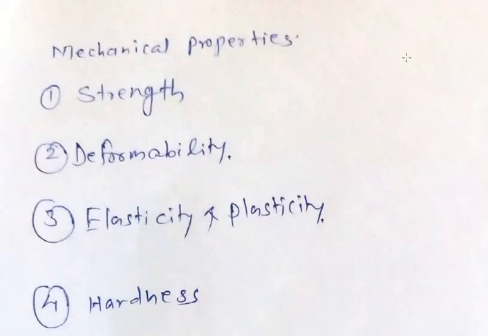Then next property, that is deformability. The capacity of the rock to strain under applied load or in response to the removal of a load. For a perfect performance of the structure made over the rock mass, it is necessary to know how much deformation it takes under loading system.